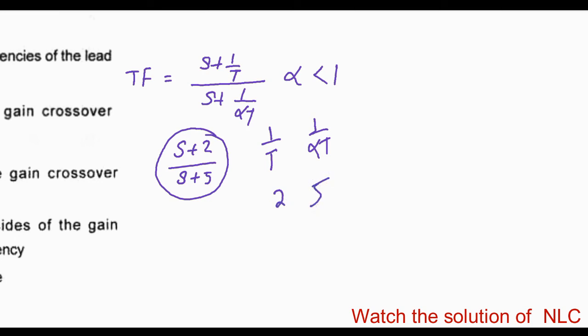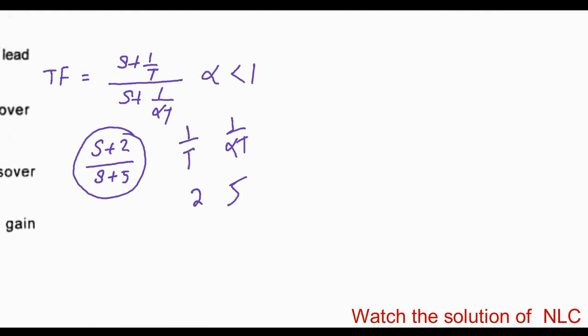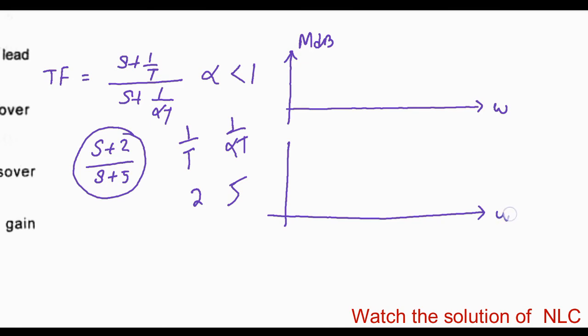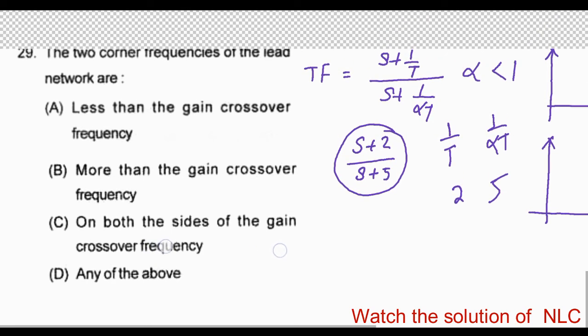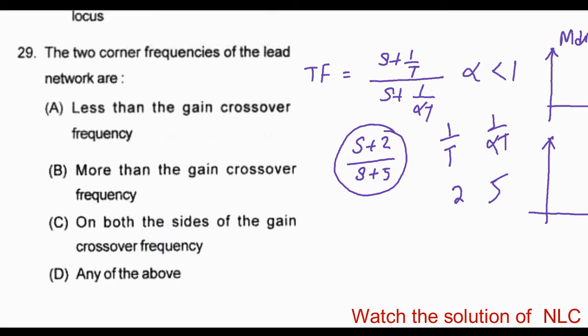So what will be the Bode plot? These are directly available. I am only representing this one. This is the magnitude Bode plot, magnitude in decibel, and this is omega axis. This one is for phase Bode plot, omega. And because we have to take the Bode plot for establishing the relation between gain crossover frequency and two corner frequencies.